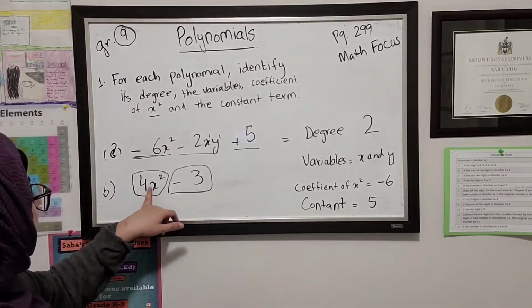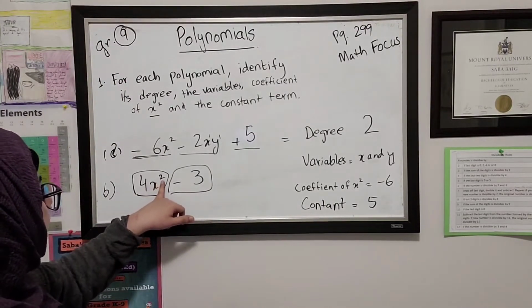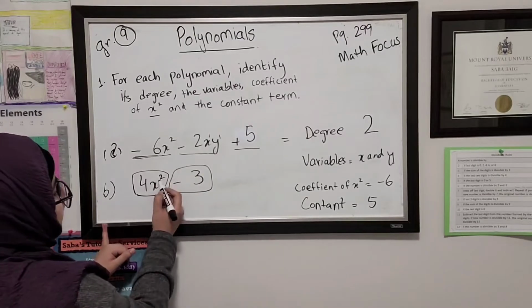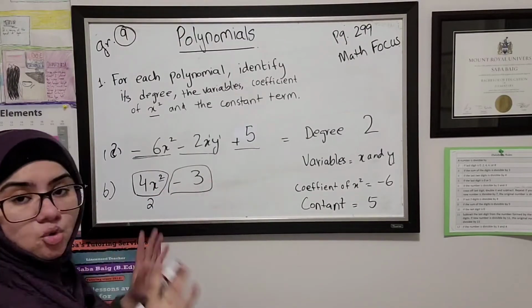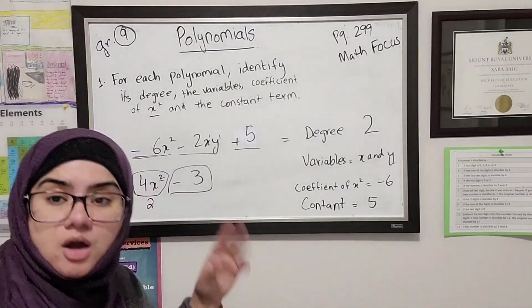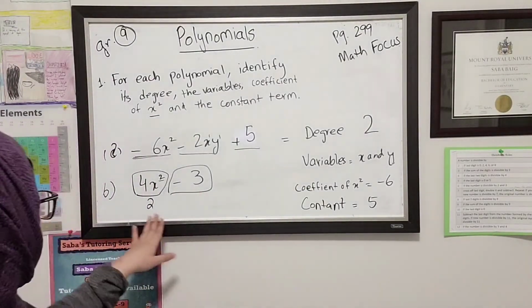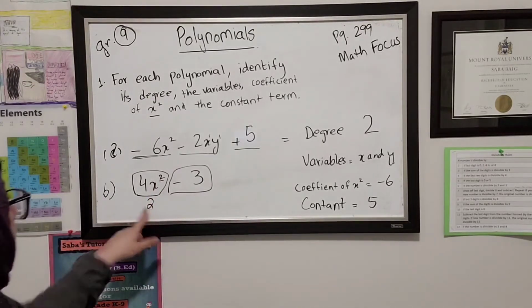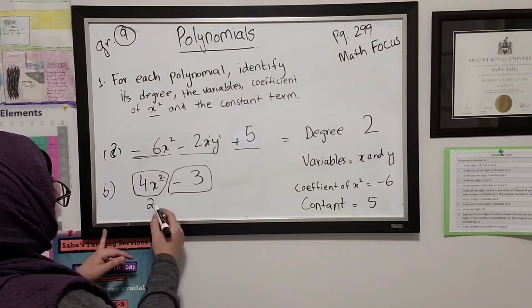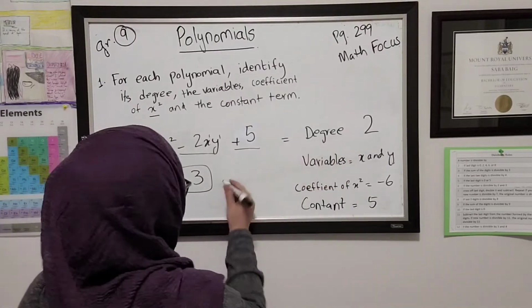The degree: the x has exponent 2, so the degree is 2. The constant has no degree because it has no variable. So the degree of this polynomial is also 2.